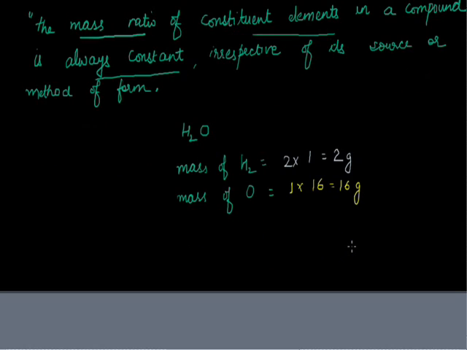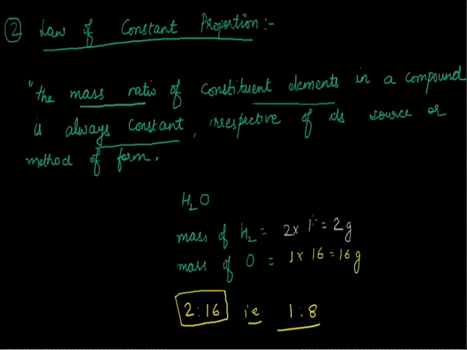So for water, the ratio of mass of constituent elements, that is hydrogen and oxygen, is 2 is to 16, that is 1 is to 8. Now if we take water from sea or tap or river, the ratio will always remain constant. This means this law suits all the compounds.